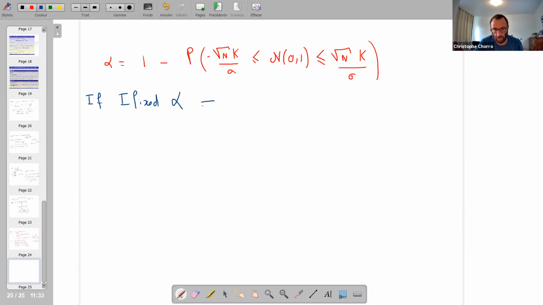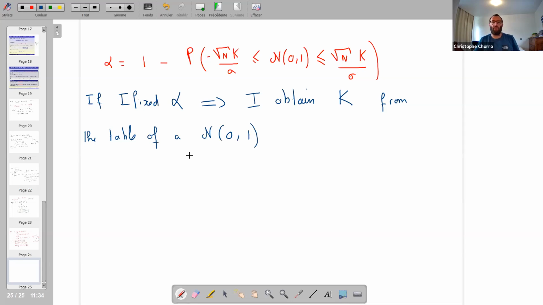Excuse me, of course, if I fix alpha, I obtain alpha for sure, but I obtain k from the table of an N(0,1). So it's something that I have already done when I computed confidence intervals. We have seen that, for example, and it's a little exercise to do at home.